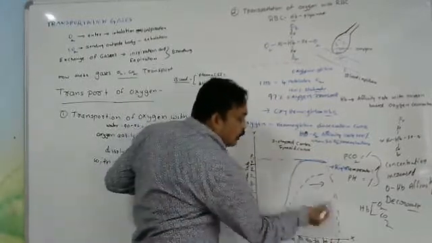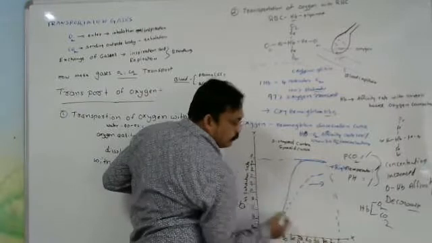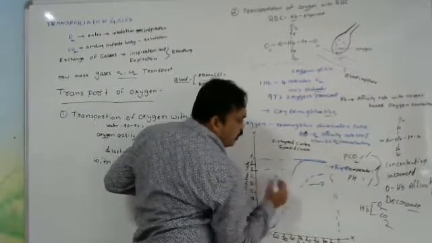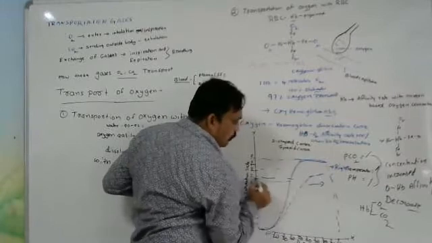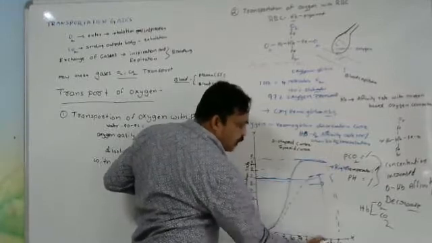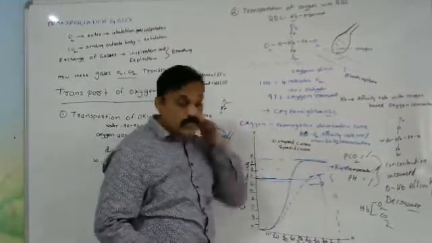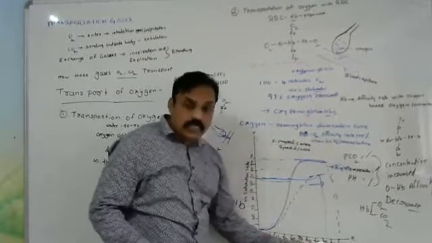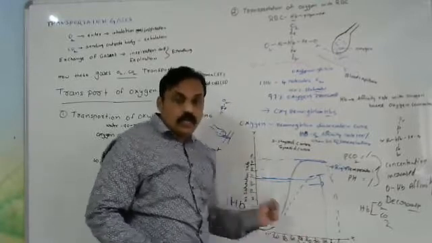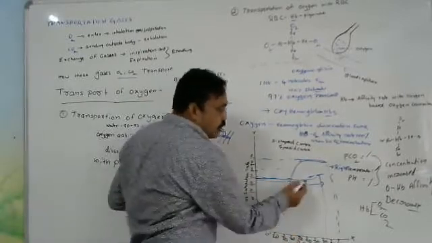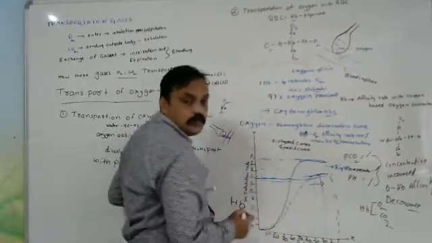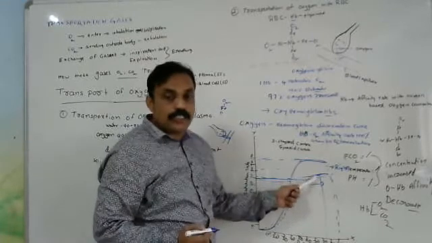The saturation rate is decreasing. If you observe, the saturation rate is only 70%. If you draw like this, the saturation rate is only 70%. Here the oxygen concentration is only 80, so the saturation rate is also decreasing. Try to understand why the saturation rate is decreasing.